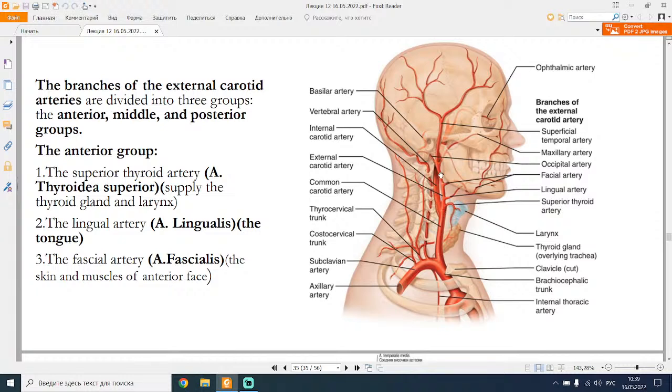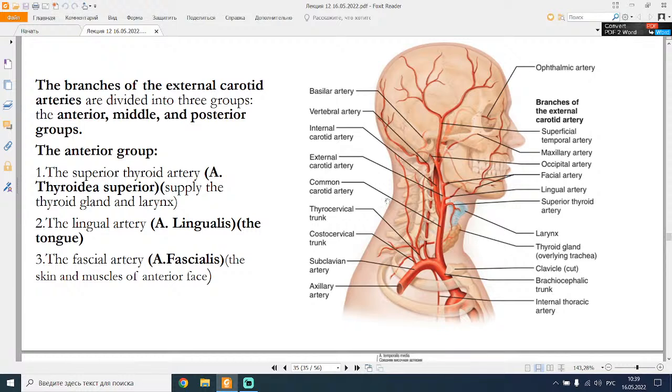External carotid artery. This is the internal carotid artery. The branches of the external carotid artery are divided into three groups: anterior, middle, and posterior group.